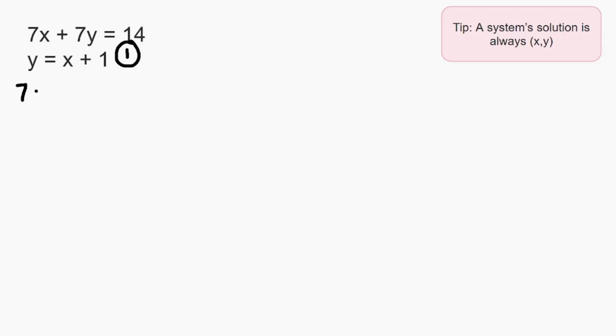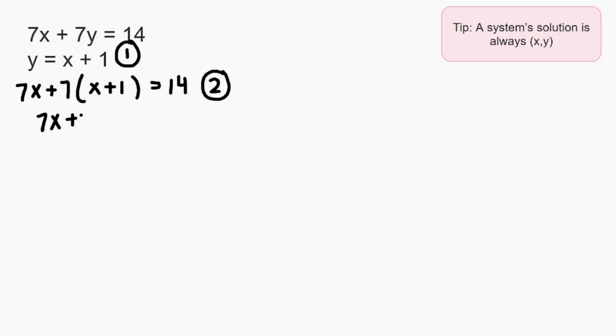So 7x plus 7 times x plus 1 equals 14. This is our second step. We're going to simplify. 7x plus 7x plus 7 equals 14. So 14x plus 7 equal to 14.